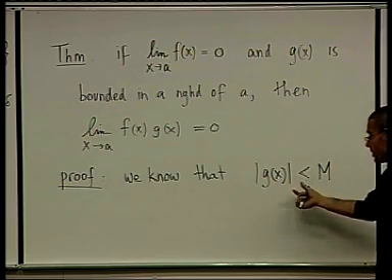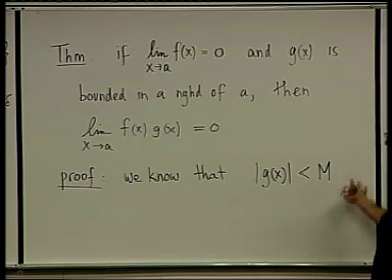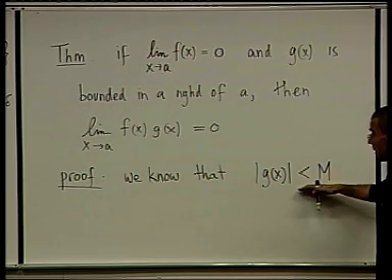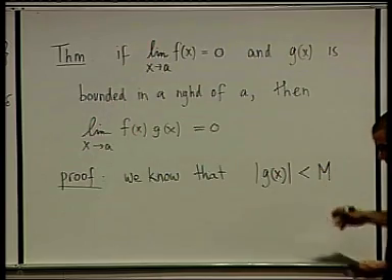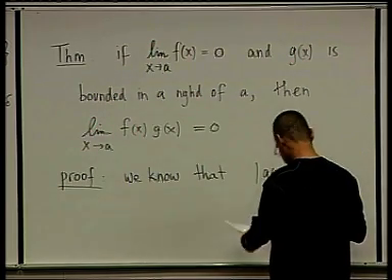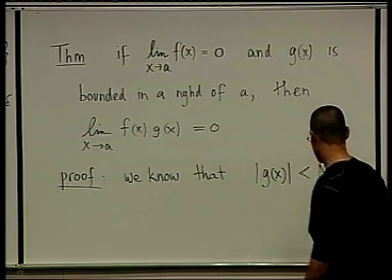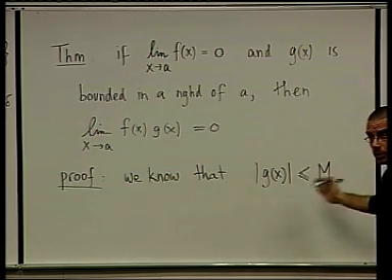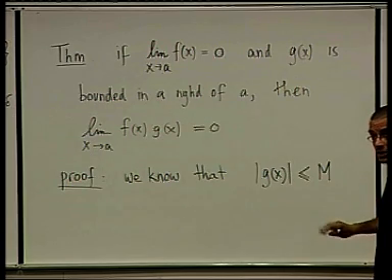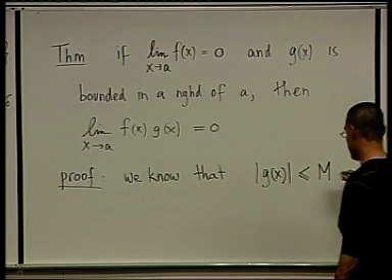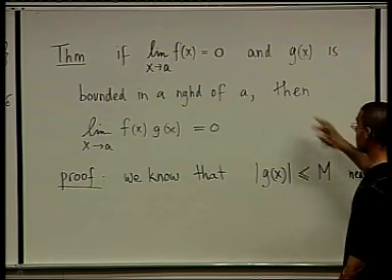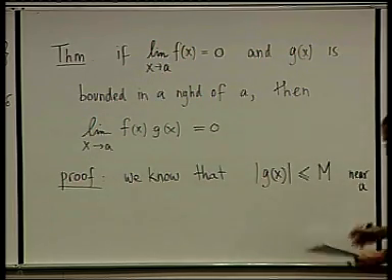Another way of writing it is that g of x is between some big M and little m. Remember that? Everybody? Okay, so this is the boundedness of g in a neighborhood of A. Should be less than or equal to. Doesn't matter. It's an upper bound. You can either write it with or without. It's the same thing. Okay, but we do have to add near A. The statement is only in a neighborhood of A. Near A.